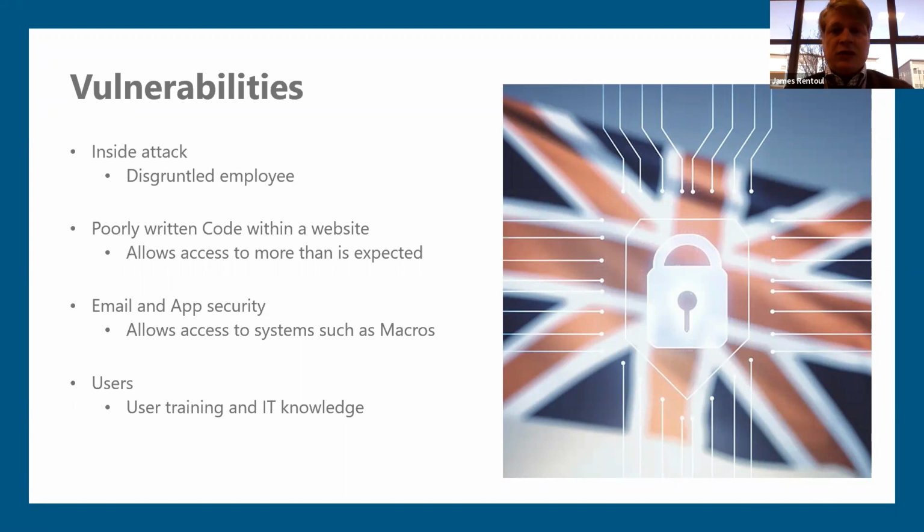Again, we talked about disgruntled employees. Well, what about employees that maybe just aren't quite up to scratch IT-wise? They maybe can't see the signs that are out there, but they're about to experience a cyber attack by what they're doing, by their IT knowledge. Next slide, please.